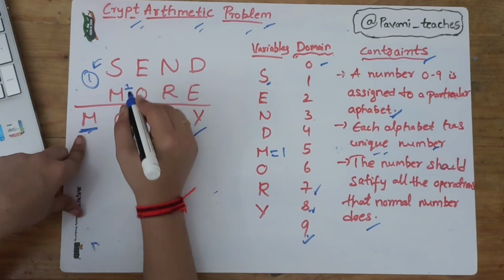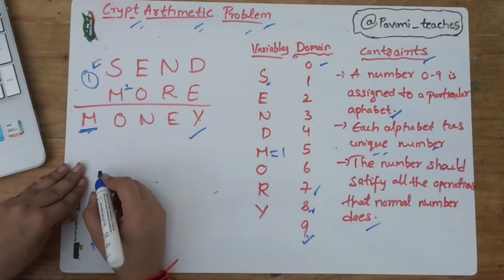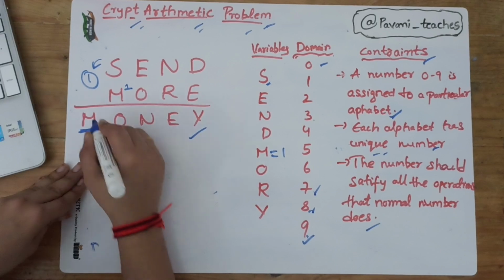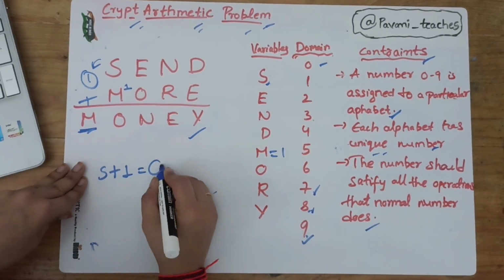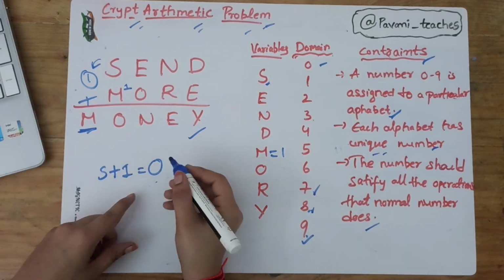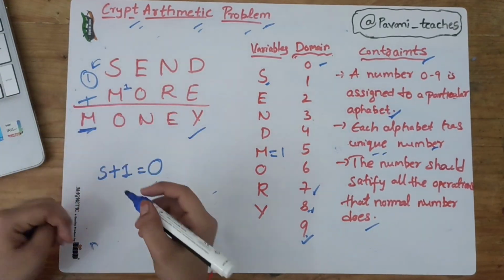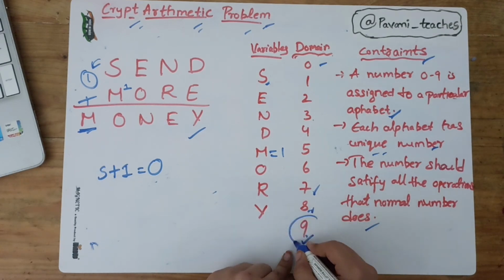Here also the same. Now you got one. You have to write the equation: S plus 1 equal to O. That means what value should you add to get a carry of 1 to the next number? From the given domain numbers, we have only one option, that is 9.